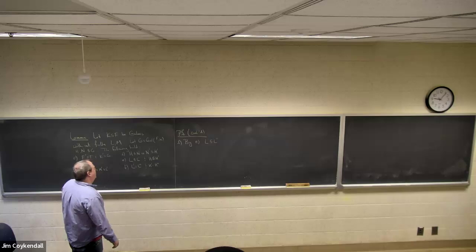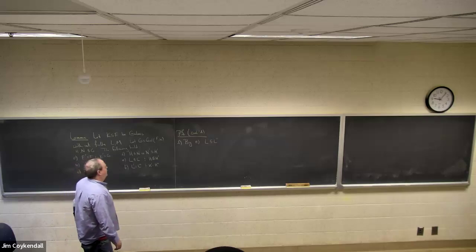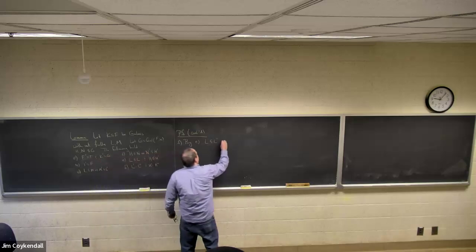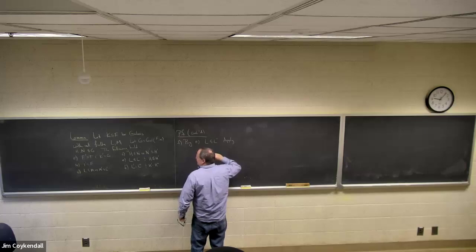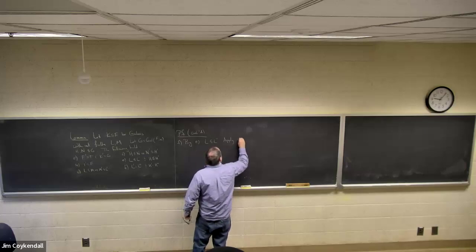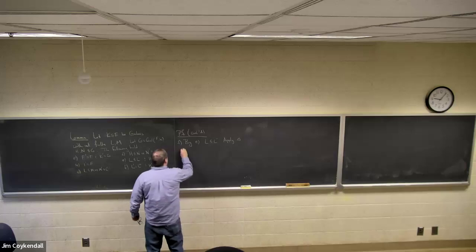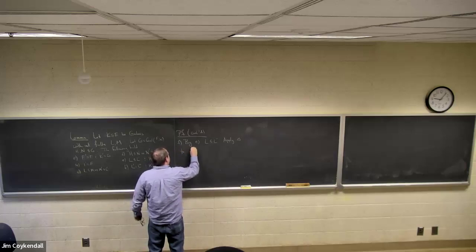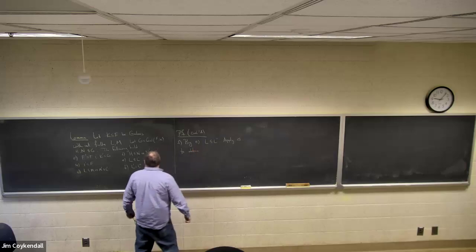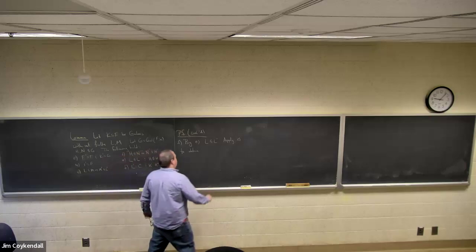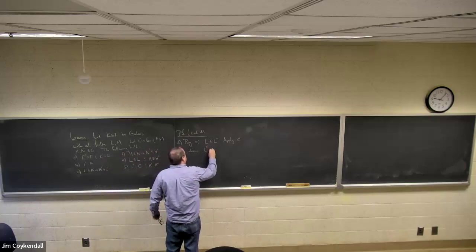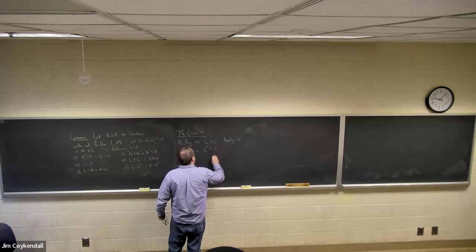So now what I'm going to do is, of course, L is a field, so I'll apply this to it. What this says is this reverses the order. L triple prime is contained in L prime.